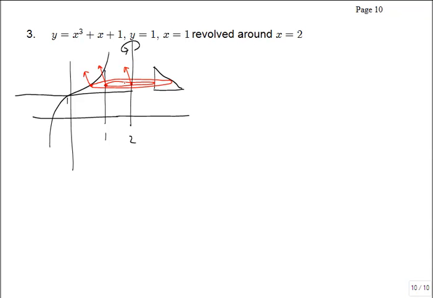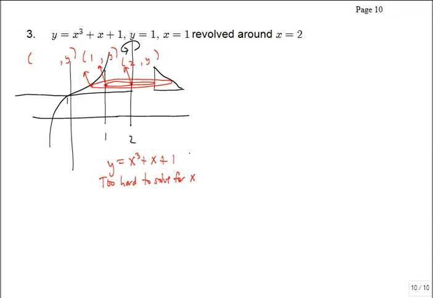They all share the same height, so they all share the same y value. This x value is 2, this x value is 1, this x value is the curve, and it would be really difficult for me to take this curve and solve this for x because it's that cubic. So this is too hard to solve for x.